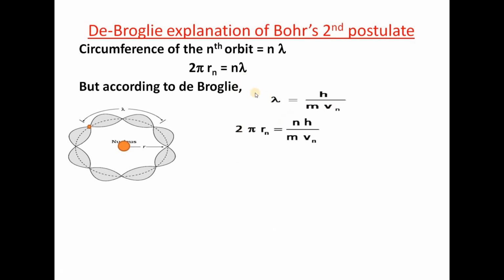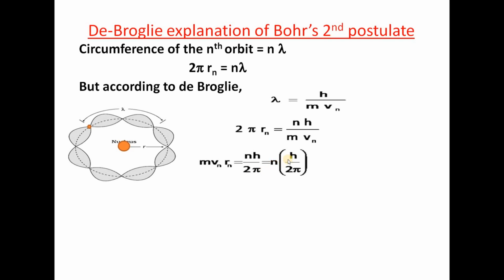So if we substitute this equation in the first equation, that is, in place of lambda we substitute h by m into Vn, we end up with 2 pi Rn is equal to nh by m into V. Now if you cross multiply, you will get mvr, that is m into Vn into Rn, is equal to nh by 2 pi.